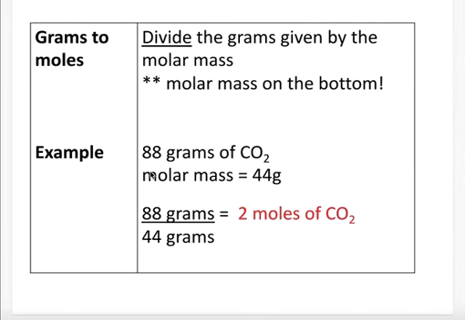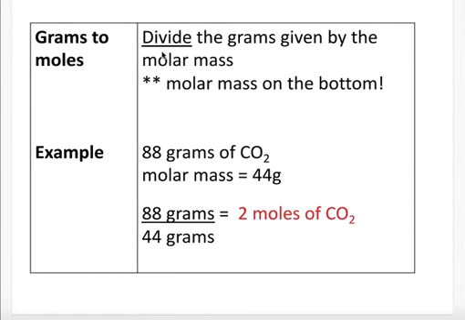If I add those numbers, I get the molar mass, okay? And I would take the grams that I'm given divided by the molar mass. So 88 divided by 44, in this case, is 2 moles of carbon dioxide. That's how much I would need. So if you're given grams and you need to find moles, you're going to divide.